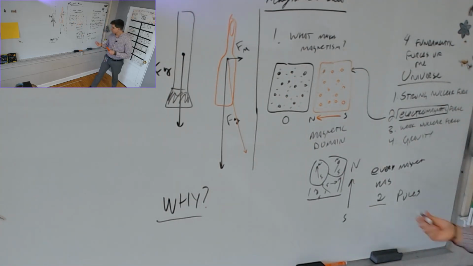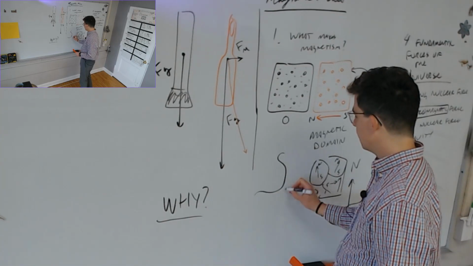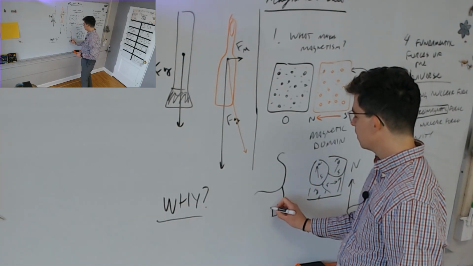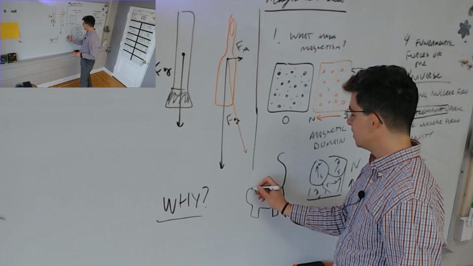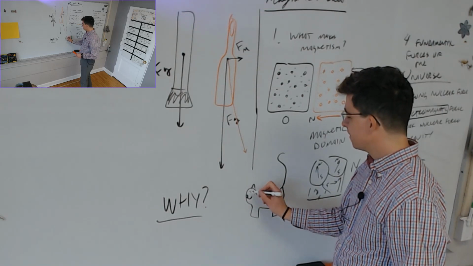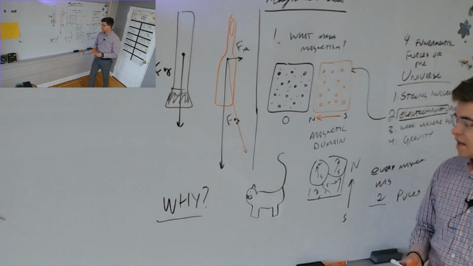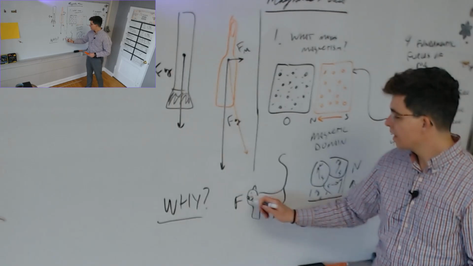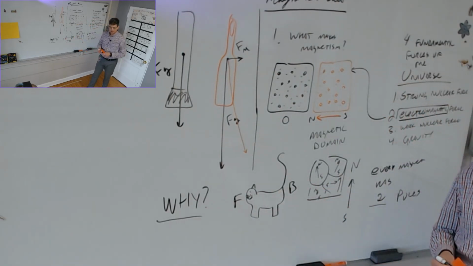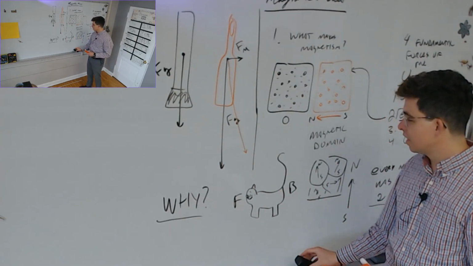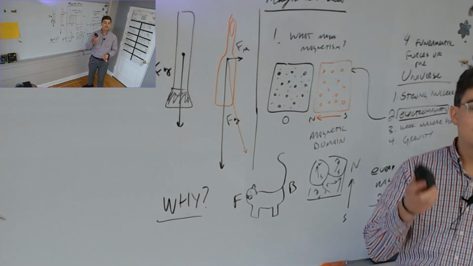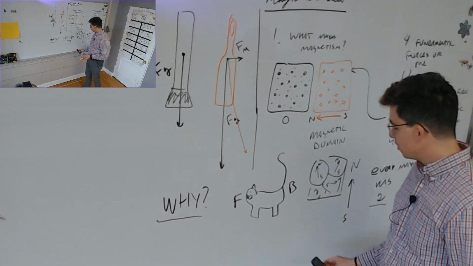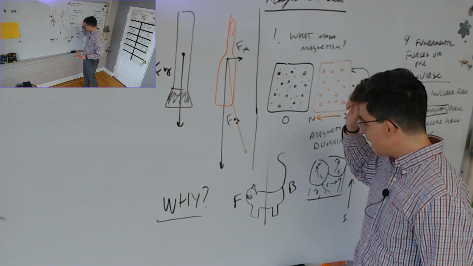Just like every cat, this is a good drawing of a cat, do not at me. Every cat has a front and a back. What if Crazy Joe Lambert comes along with his scissors and cuts the cat in half?